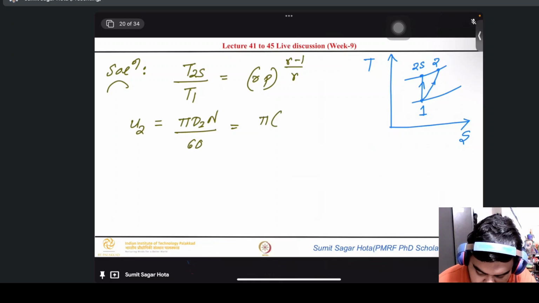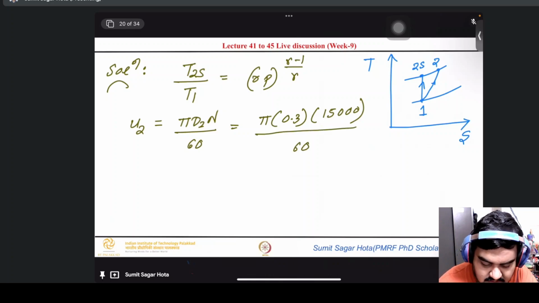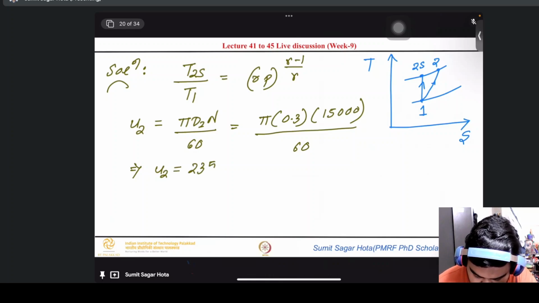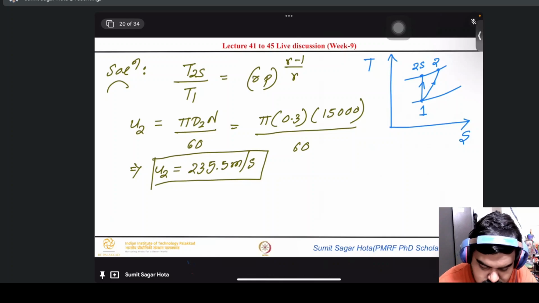So U2 is pi into 0.5 into 15,000 rpm divided by 60. So you now find out what U2 is. So power required to drive the compressor, we need to find out the power required.